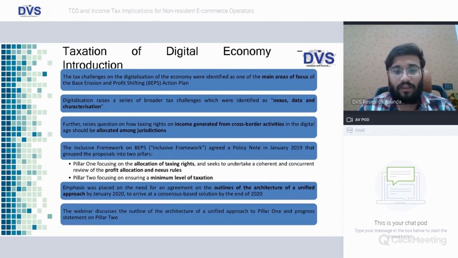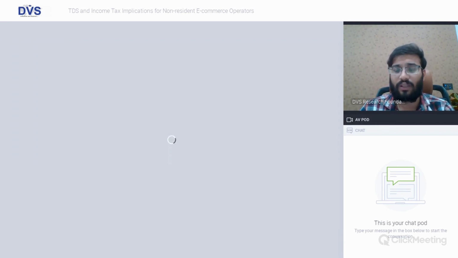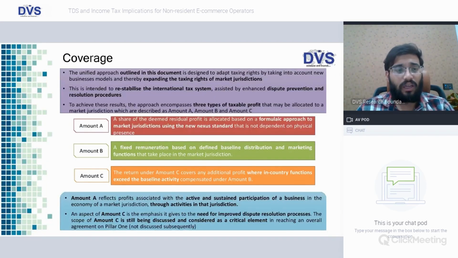Again, these are outlines of the architecture of a unified approach. This was open for public consultation, wherein various views have been provided to OECD. By end of 2020, we are expecting a confirmed methodology or regulation for implementation for digital economy coverage.